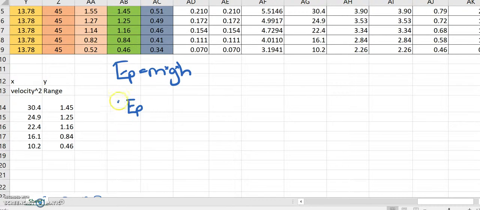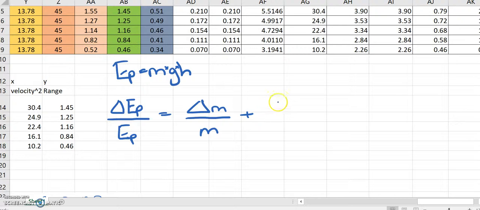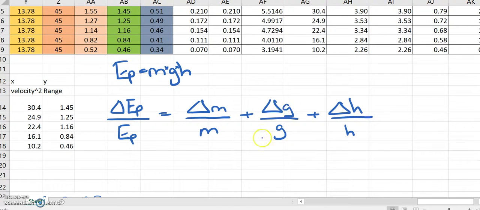The absolute uncertainty of the EP divided by the potential energy measurement is equal to the absolute uncertainty of the mass divided by the mass, plus the absolute uncertainty of the gravity divided by the gravity, plus the absolute uncertainty of the height divided by the height. Now I'm going to make an assumption that the gravity term is zero, because gravity doesn't vary and fluctuate much around the surface of the Earth, so we'll leave that one out as zero.